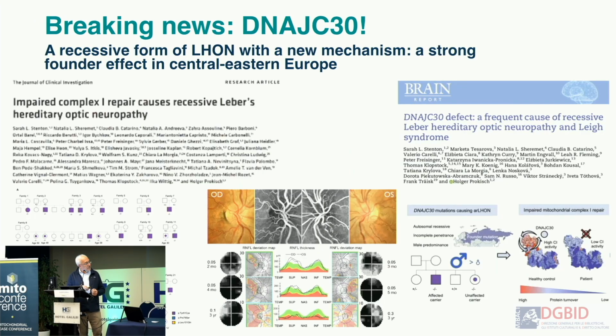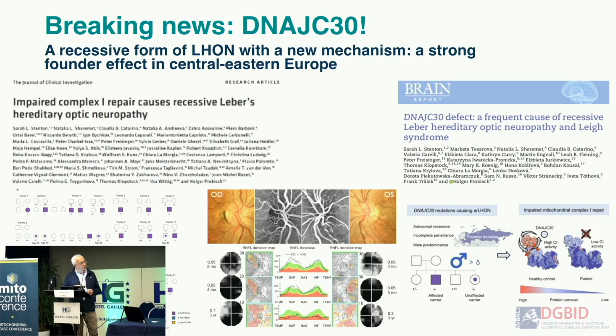But as always in science, for 20 years we considered Leber's the paradigm of mitochondrial maternally inherited disease, until we discovered that you have also a recessive version of this disease. And this was the seminal paper led by Holger and Thomas.